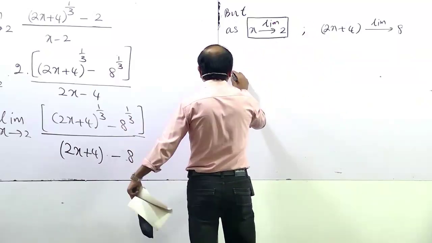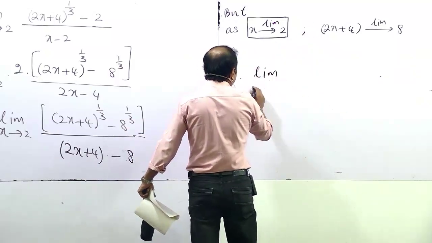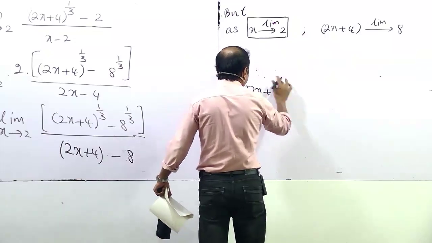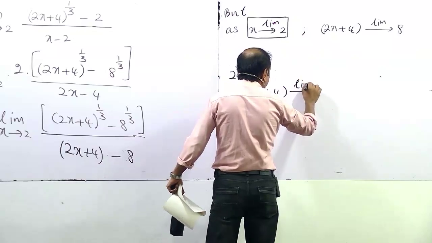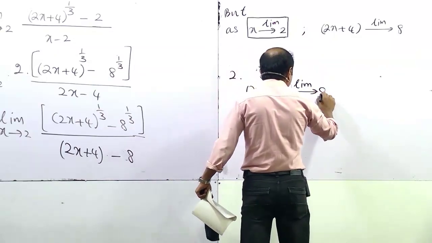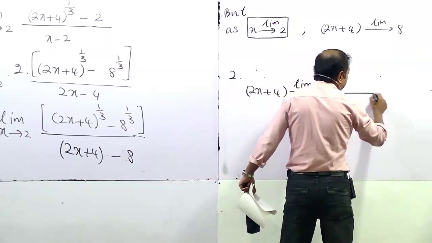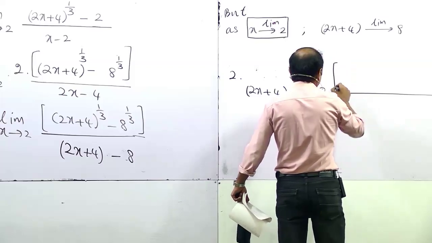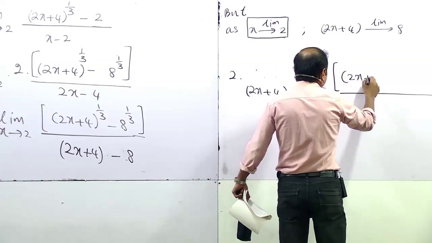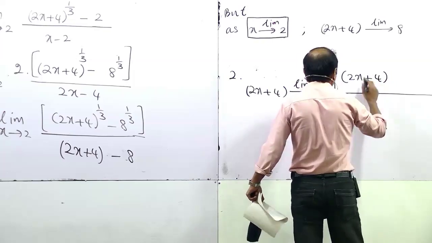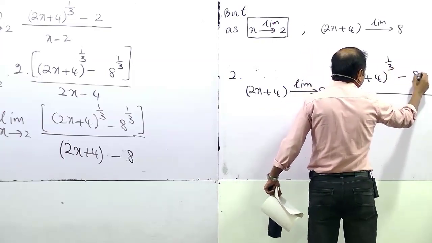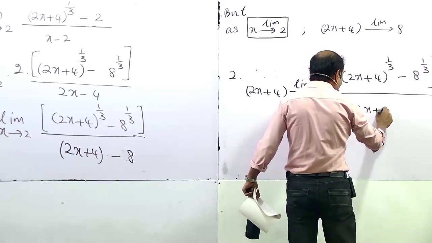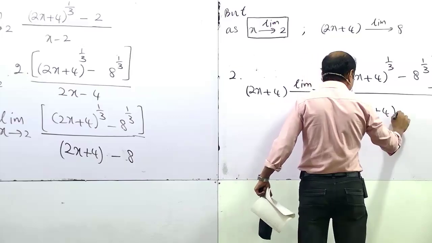Therefore, we can write like this. 2 times the limit as 2x plus 4 goes to 8 of 2x plus 4 to the power 1/3 minus 8 to the power 1/3 over 2x plus 4 minus 8.